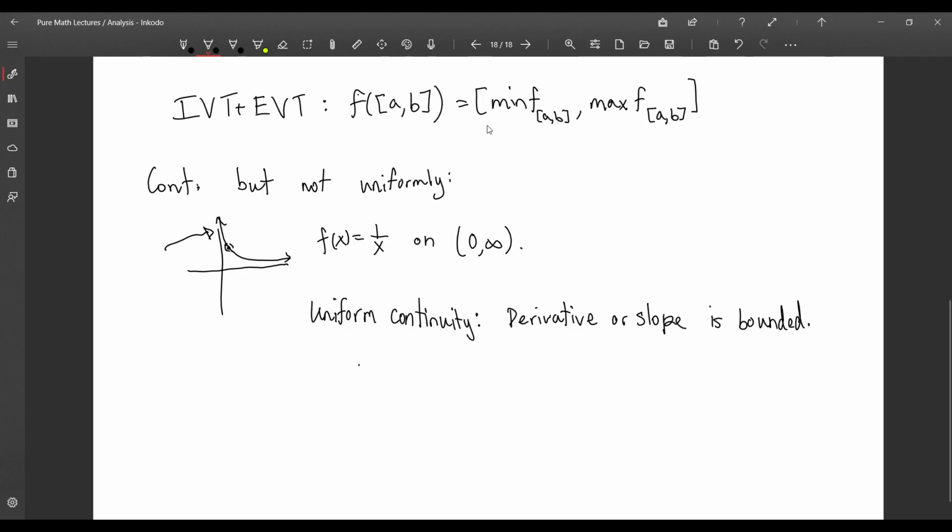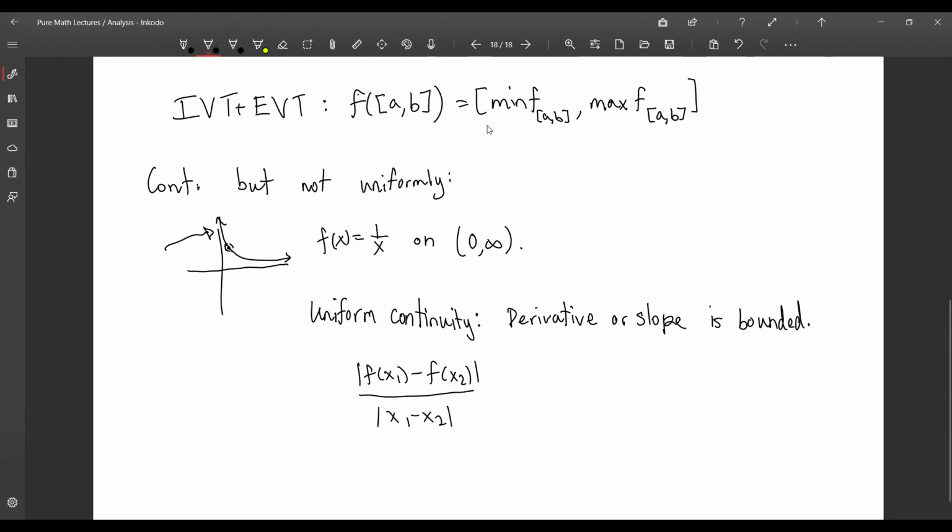And we can see that because we have f of x1 minus f of x2 over x1 minus x2, right?